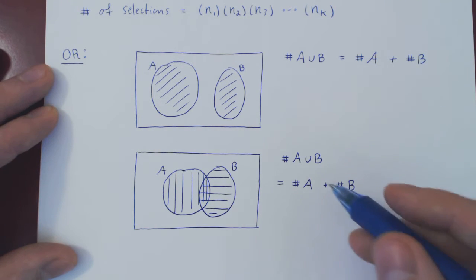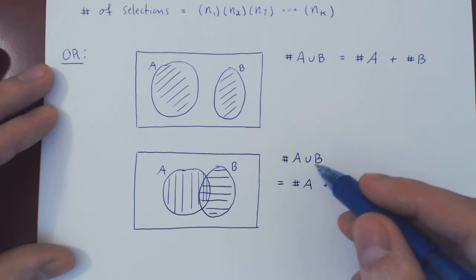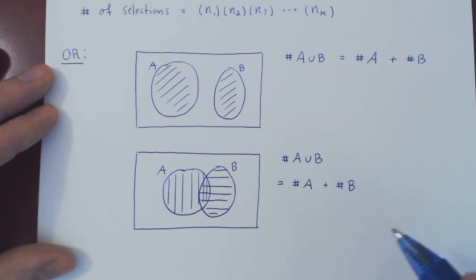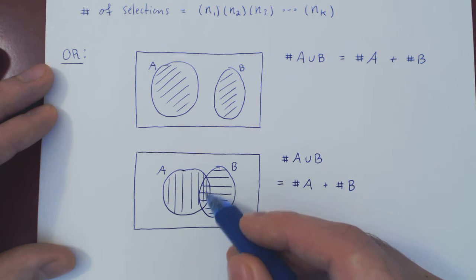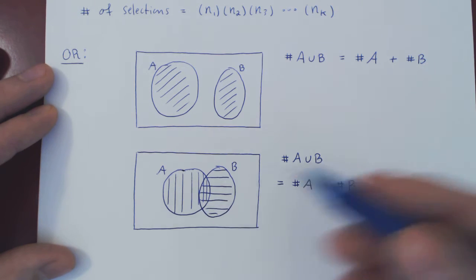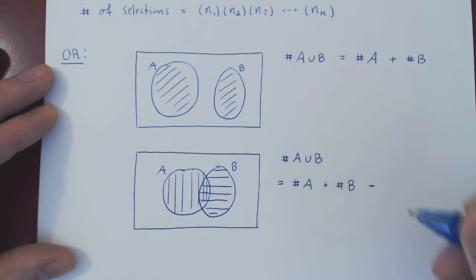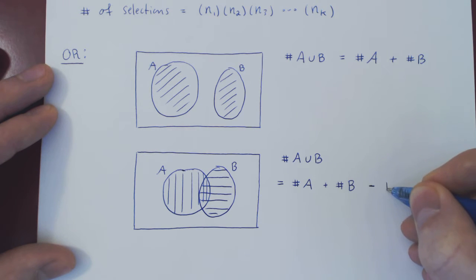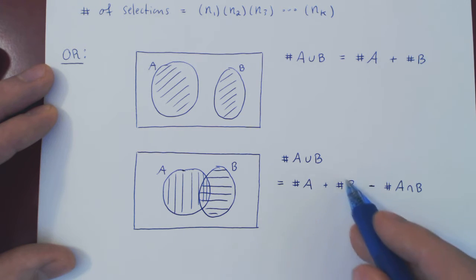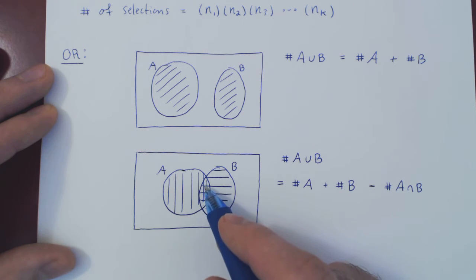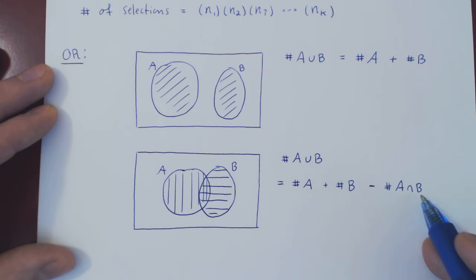But if you notice, we're supposed to add all the elements coming from either A or B exactly once. But we've counted the elements in the intersection between A and B twice. To count those once, we have to remove them once. So if we remove the number of elements in the intersection between A and B, as we counted those twice, removing it once, we're now counting everything just once.